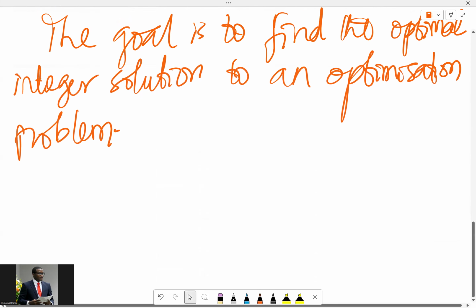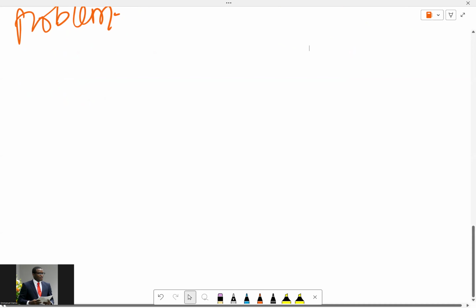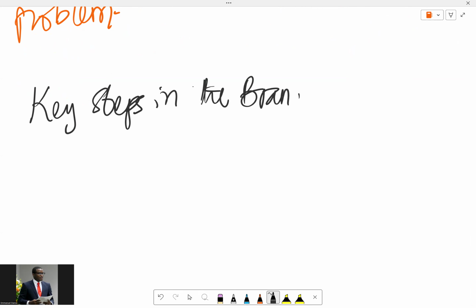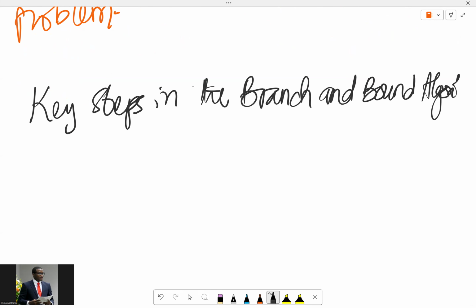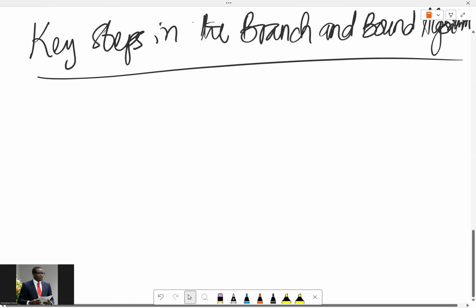Okay, so that takes us to the key steps in the branch and bound algorithm. The first step is initialization.